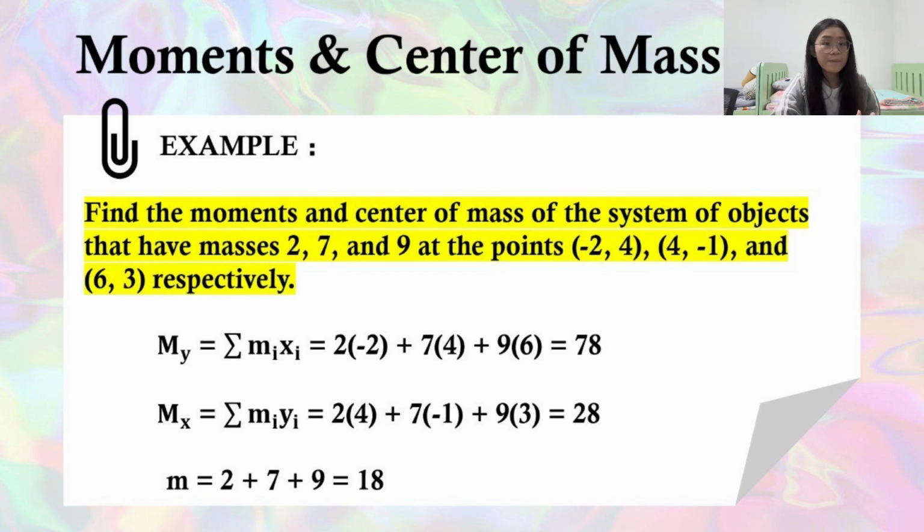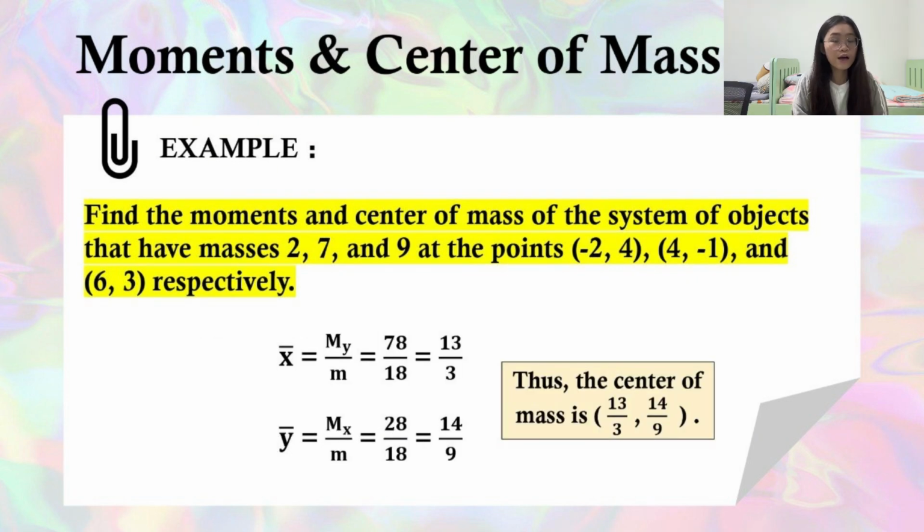The moment about the y-axis is equal to 78, while the moment about the x-axis is 28, and the total mass is 18. To find the x-coordinate of the center of mass, we take the moment about the y-axis divided by the total mass.